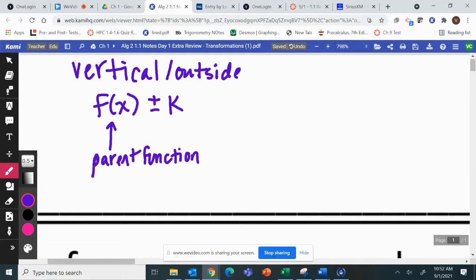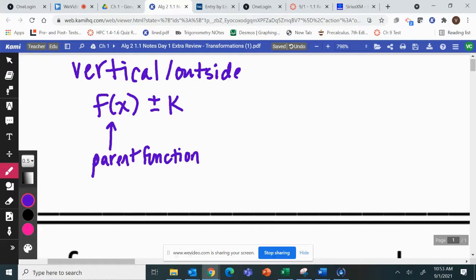If it's a vertical transformation, it's going to be on the outside of the function. The function could be x squared. So x squared plus 9 would be vertical. X squared minus 2 would be vertical if it's on the outside of the function.